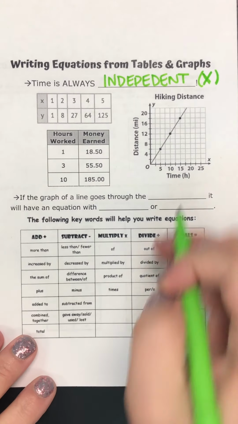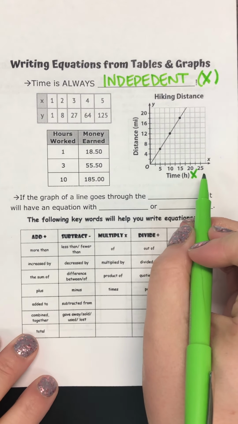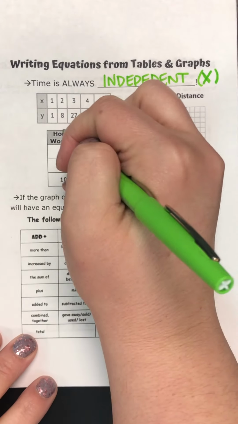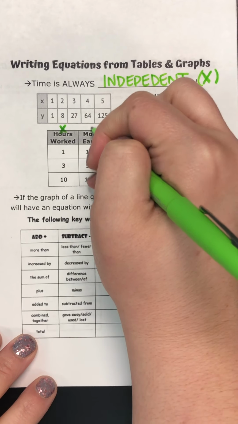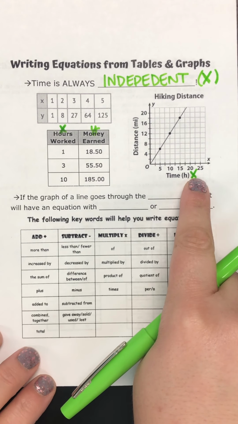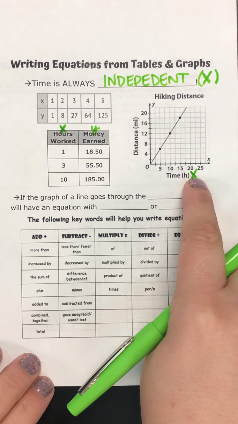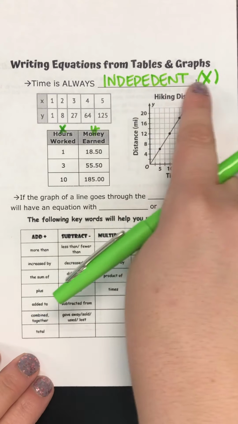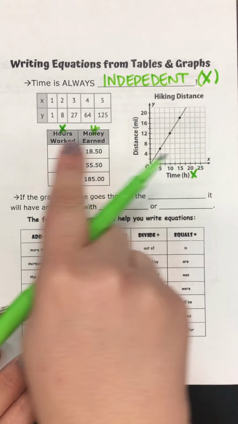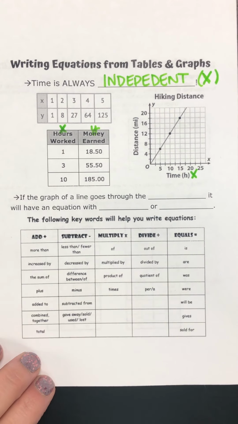So time is always going to be on this x-axis, just like hours worked, that's always going to be the x-axis. If time is ever not on the x-axis, then it's probably wrong. And by probably, I mean it's wrong. So time is always going to be independent. It's always going to be the x. If for some reason time is not your x, then it is wrong.